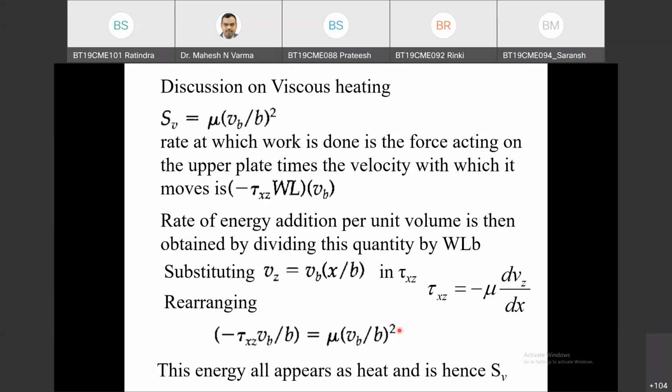Is this clear? Roll number 95, Satyam. Is it clear to you? Yes. Okay, can you just explain? The heat per unit because of viscosity. Yeah.